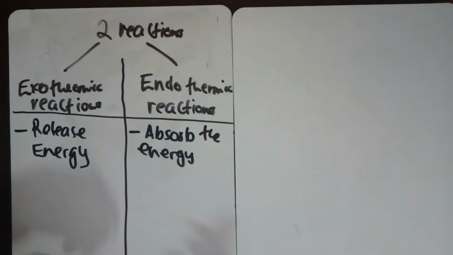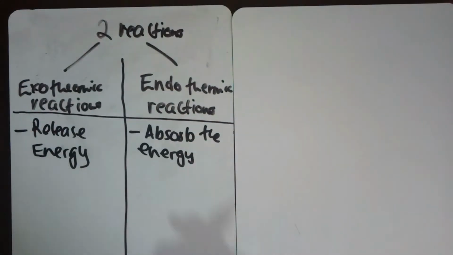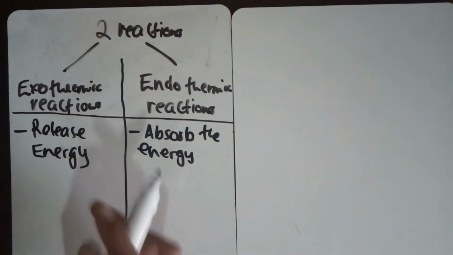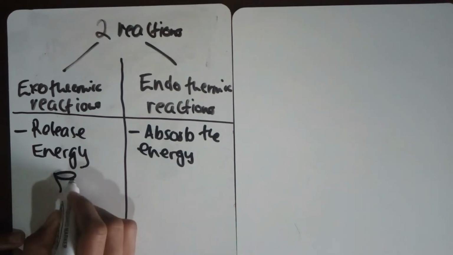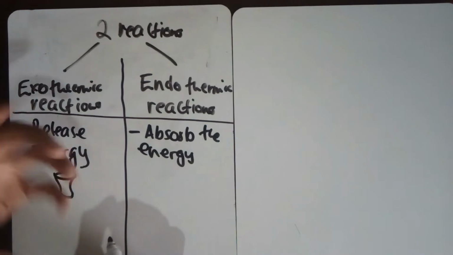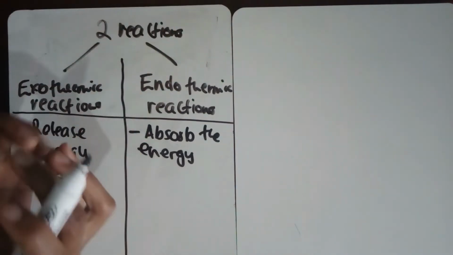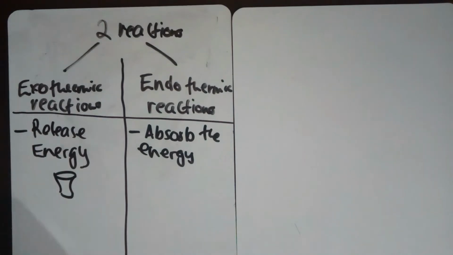If you were performing an exothermic reaction in a lab, you added your reactants in a beaker, and at the end you now have your products. If you tried to touch the beaker, you'd feel that it has gotten slightly hotter.